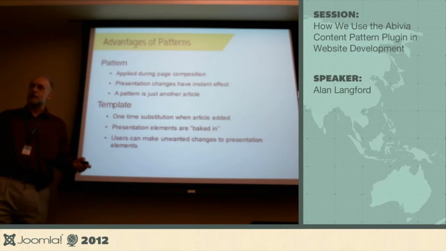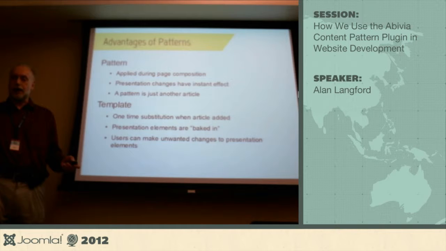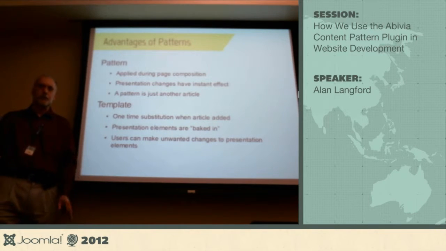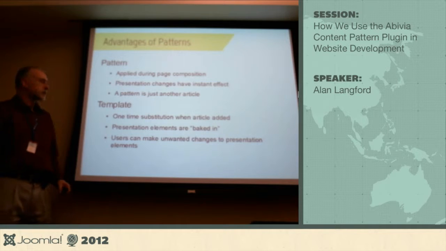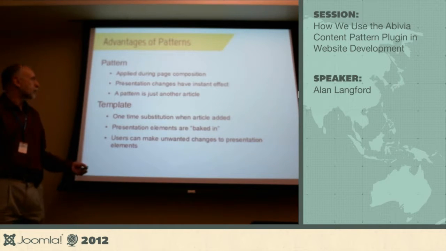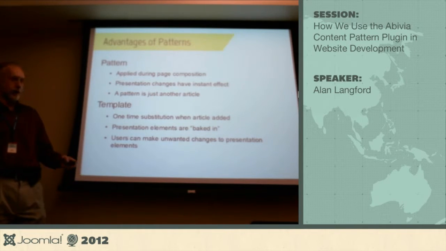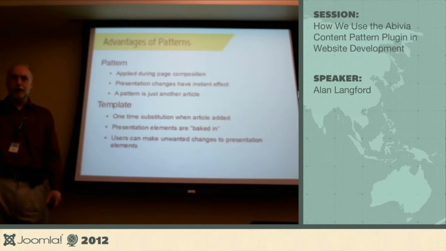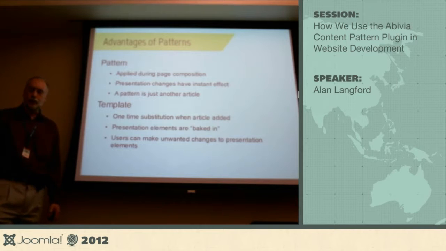So the patterns are stored in another article, and one just references the other, and there's no schema changes, no incompatibility. This makes the transfer from 1.5 to 2.5 and then now to 3.0 relatively simple. There's a few minor changes, but ACP for 3.0 won't take long to release.